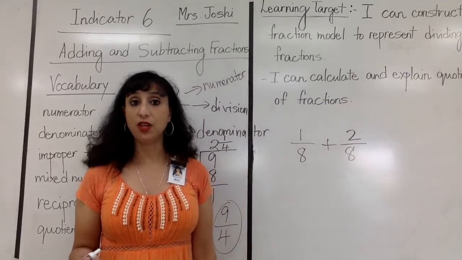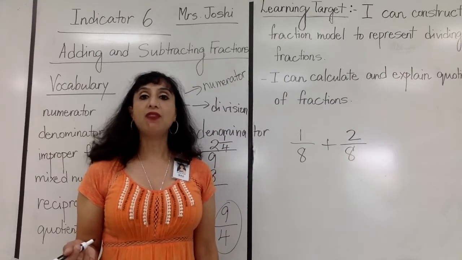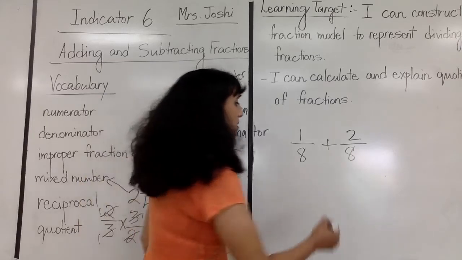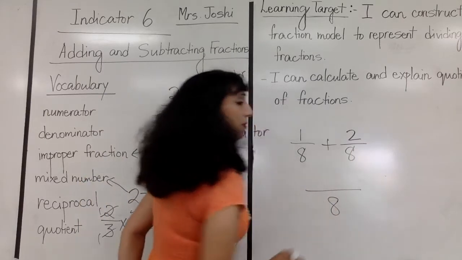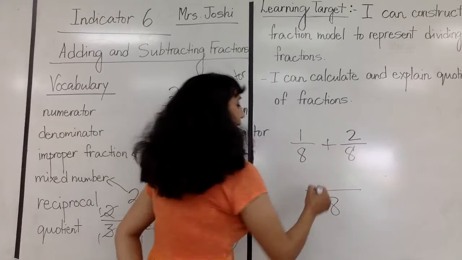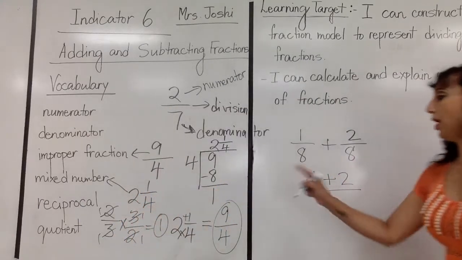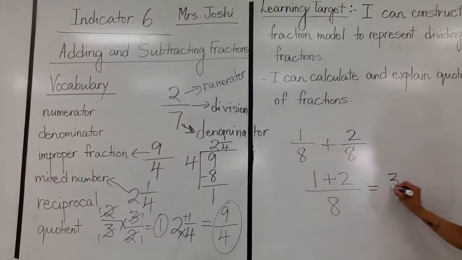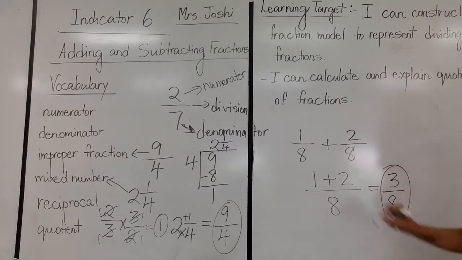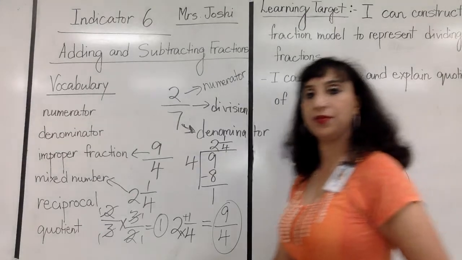Denominator is already the same for you all. So when I have the same denominator, all I do is I write the denominator and then I add the numerators. And 1 plus 2 is 3. 3/8 is my final answer.